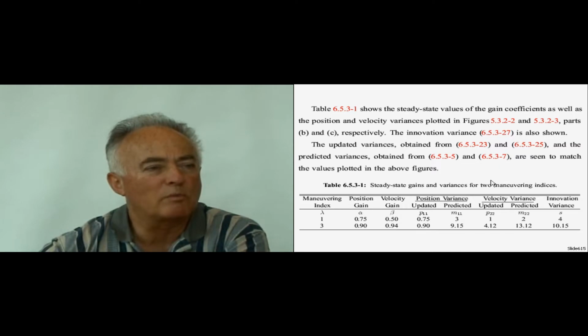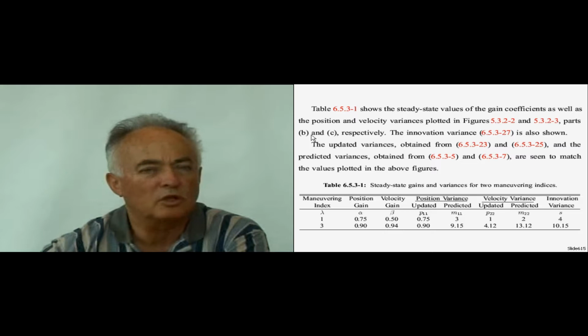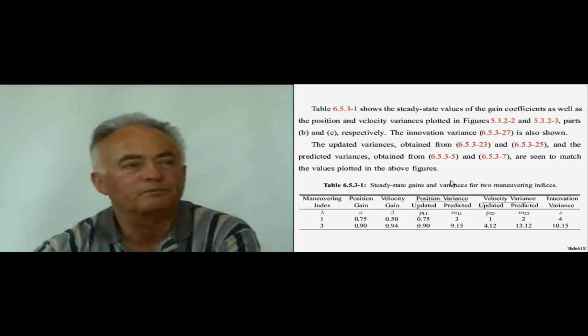So if you compare these steady state values with those plotted earlier in the figures 5.3.2-2 and 3, parts B and C for the Q1 and Q9, turns out to be obviously exactly the same thing.